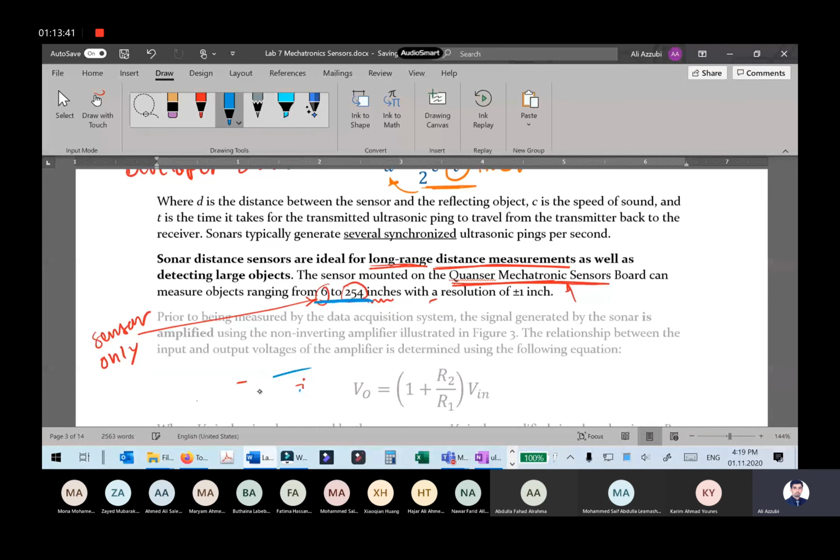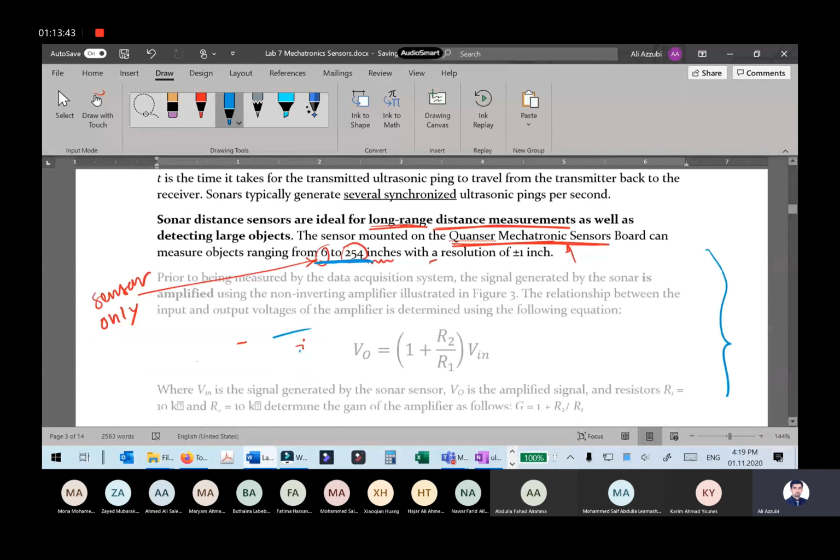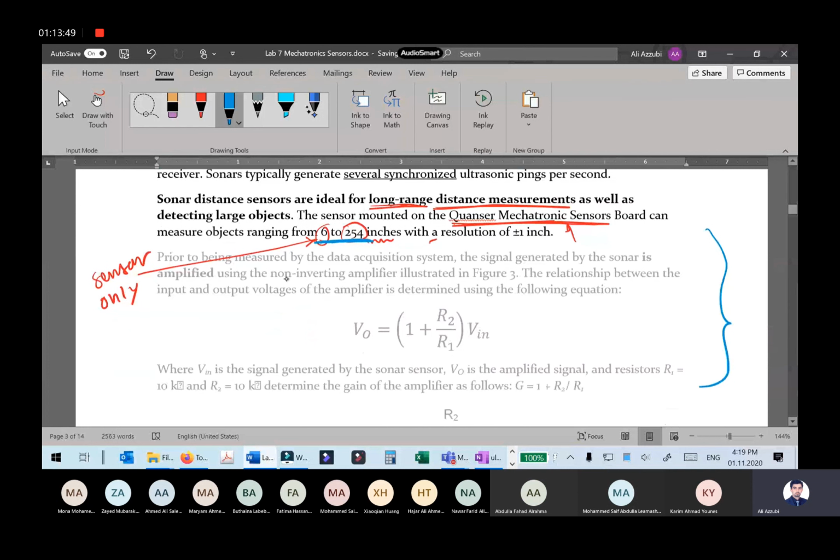Now here, this is grayed out. It's optional. It tells you about the conditioning used in this sensor. It's actually using a non-inverting amplifier. Did you study amplifiers in the lecture part? Op amps and amplifiers? Yeah, I guess we did.